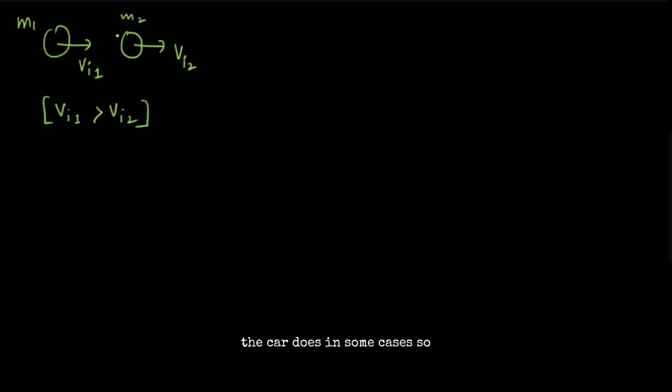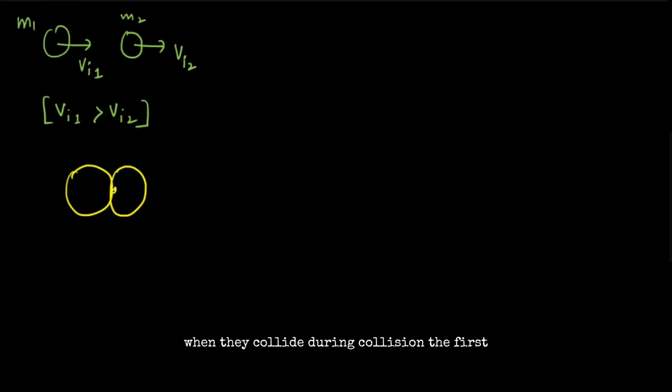What will happen here is, during collision, the first mass will impart force in the forward direction on the second mass, whereas the second mass will impart force in the backward direction, because every force has an equal and opposite reaction.